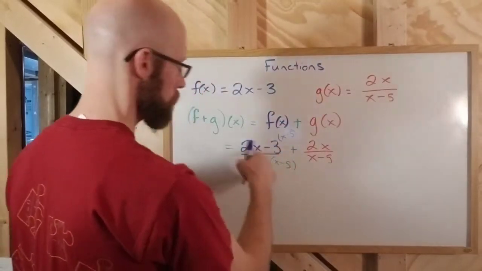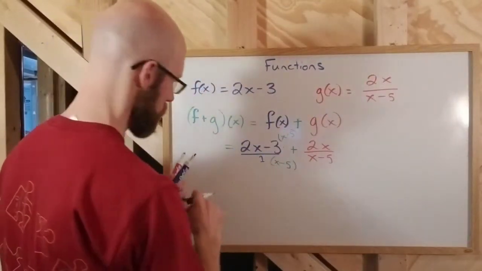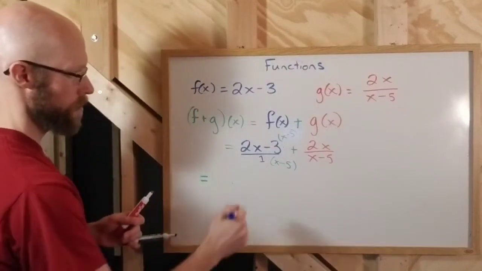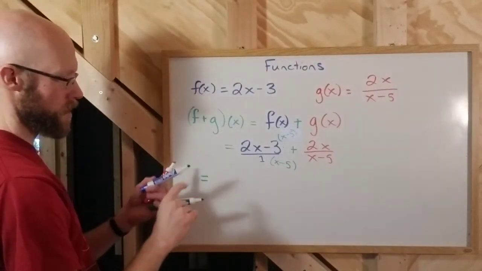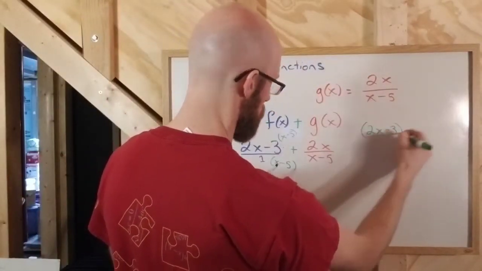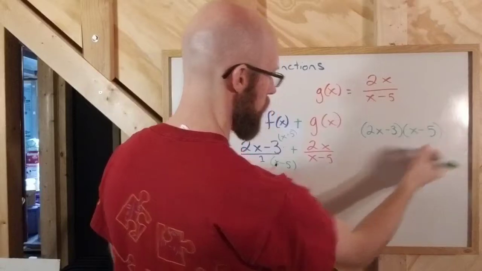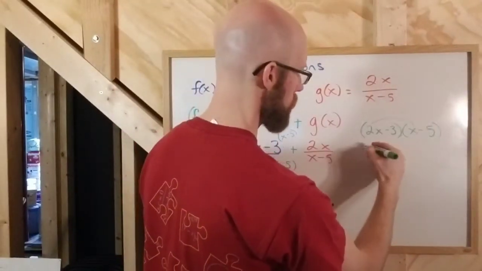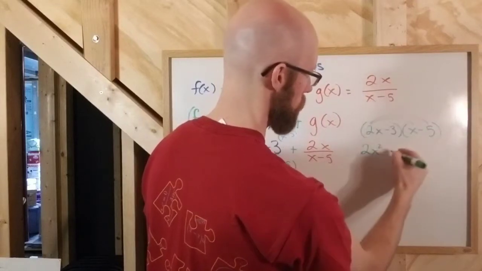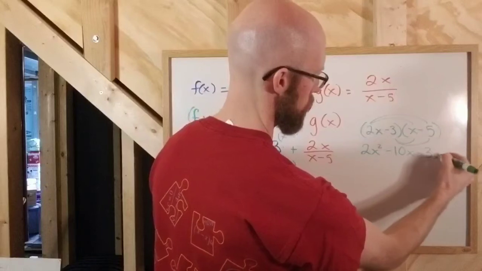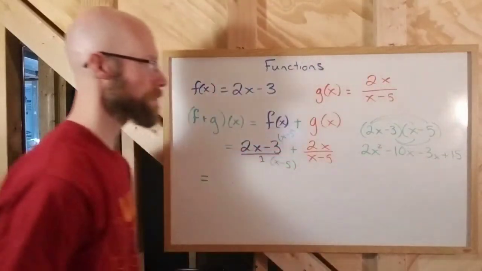And so if I think about this new fraction, it's going to get kind of big. So I'm going to take this off to the side. I'm going to have 2x minus 3 multiplied by x minus 5. That's going to be the numerator of the first fraction. So when I multiply these, I get 2x squared minus 10x minus 3x plus 15.